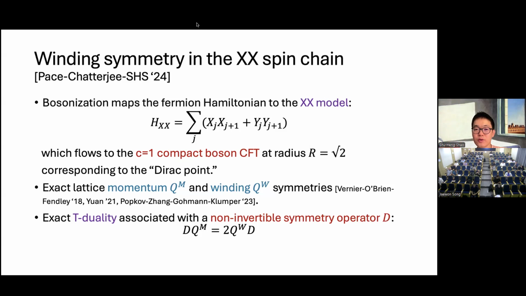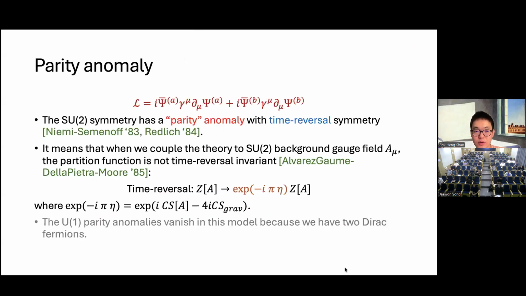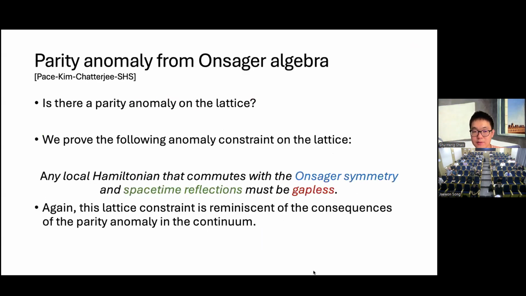We prove our LSM type constraint separately for all kinds of space-time reflection. It is a very interesting question to see why time reversal and reflection become on the same footing in the continuum limit, but I don't think there's a general understanding of how that works.